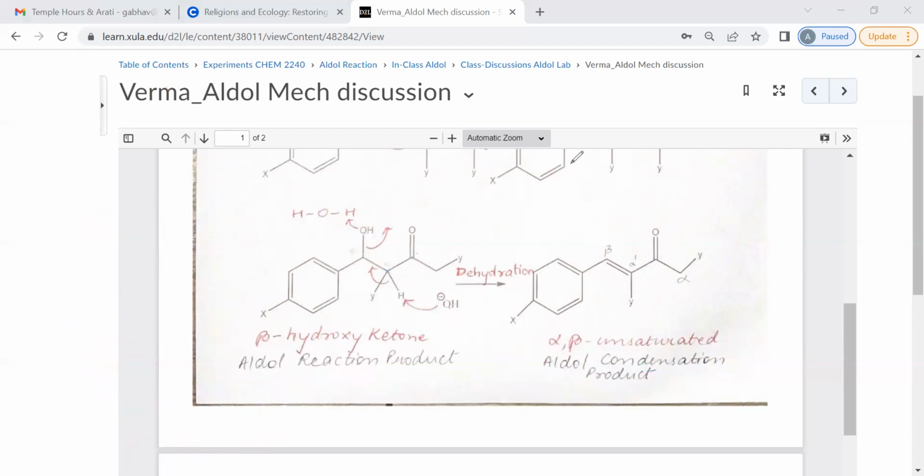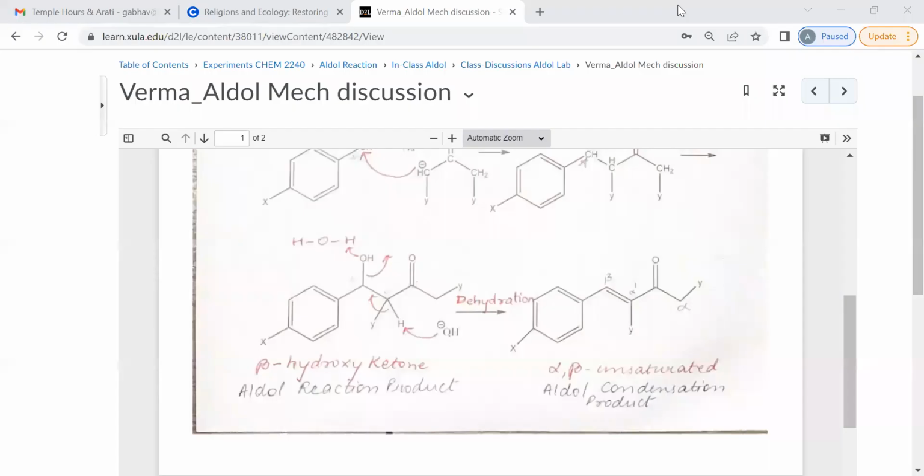What you have is a condensed structure. We lost the water molecule, and so it is now known as an aldol condensation product. Alpha beta unsaturated product. So if you paid attention, one part of your ketone has now been substituted.